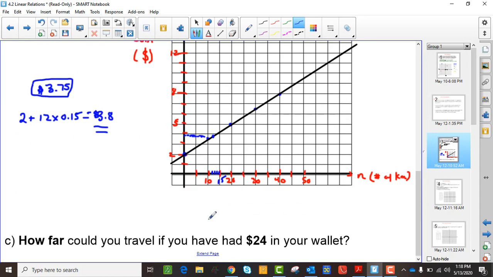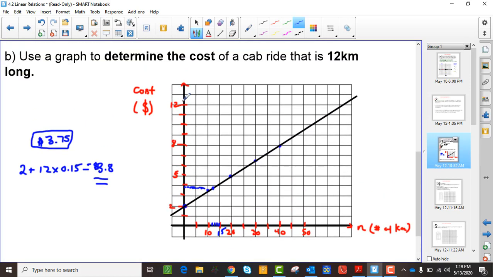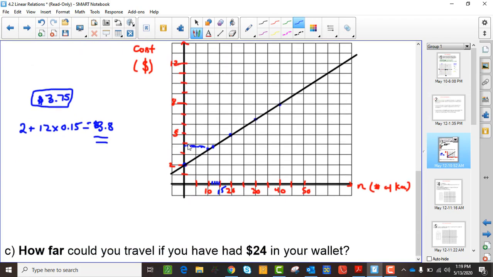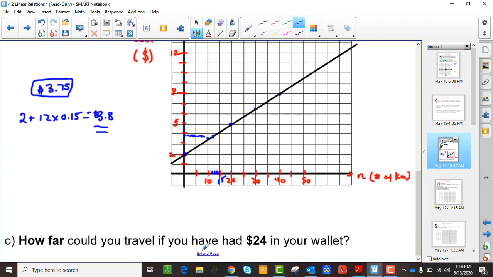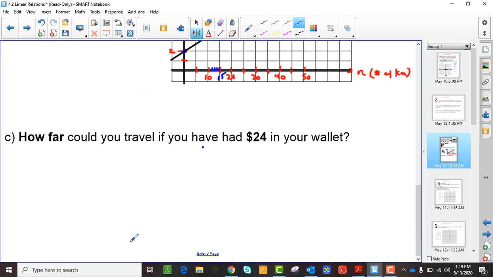Now down here it says, how far could you travel if you had $24 in your wallet? So you notice my graph doesn't actually go to 24. Okay, so I can't use my graph to solve it. But I can say if the cost is $24, then that cost is made up of, I'm going to subtract the $2 that it starts with.